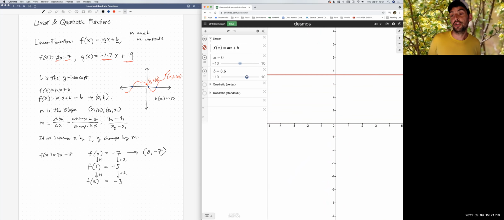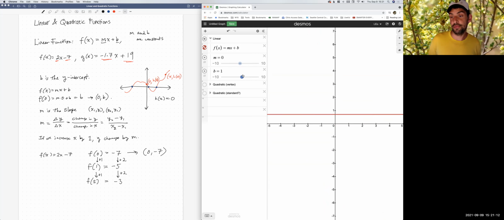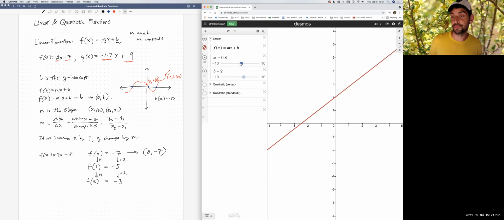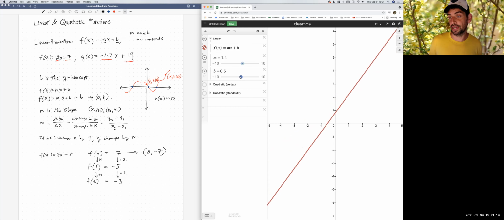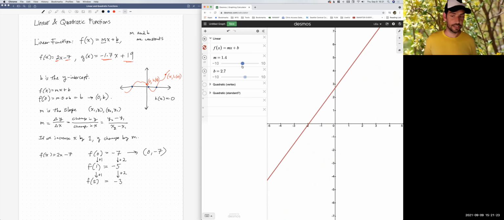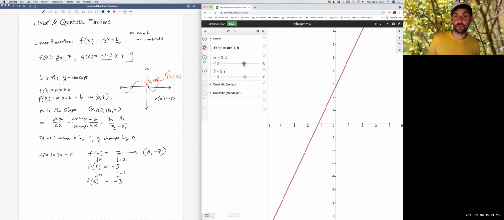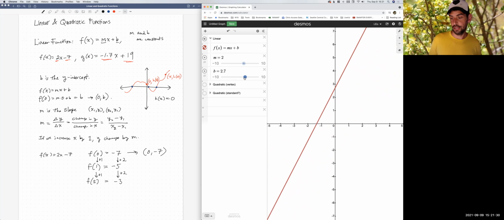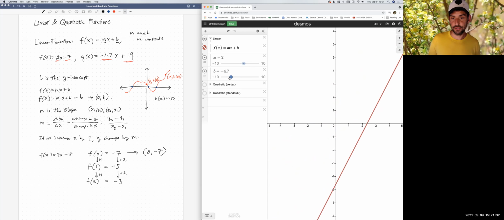Here's our vertical intercept, right? So bigger and smaller, we slide up and down this line. Here I go changing the slope again. We can still increase or decrease the slope and the intercept. So here's the one we just looked at again a second ago, 2x minus 7.